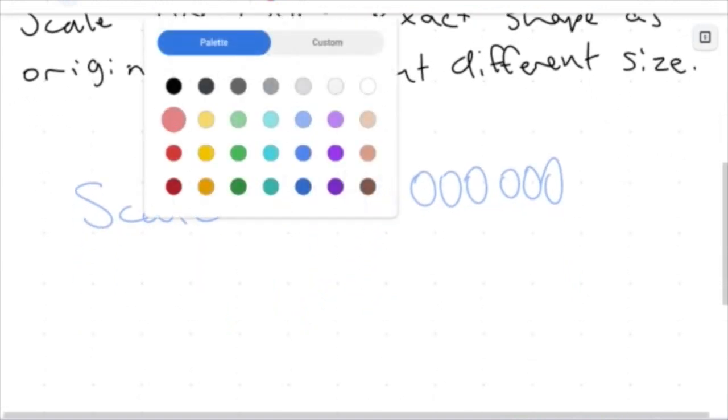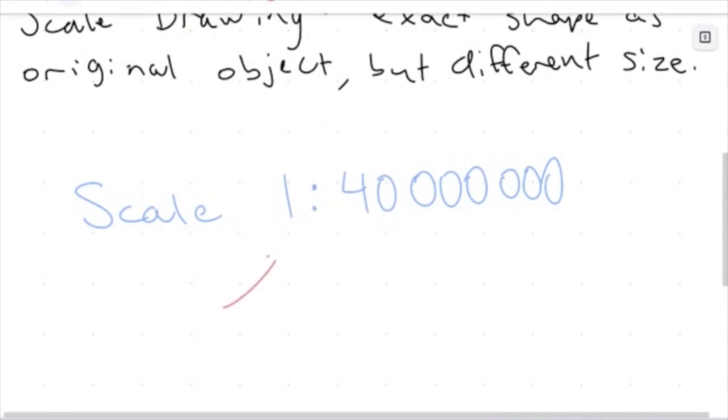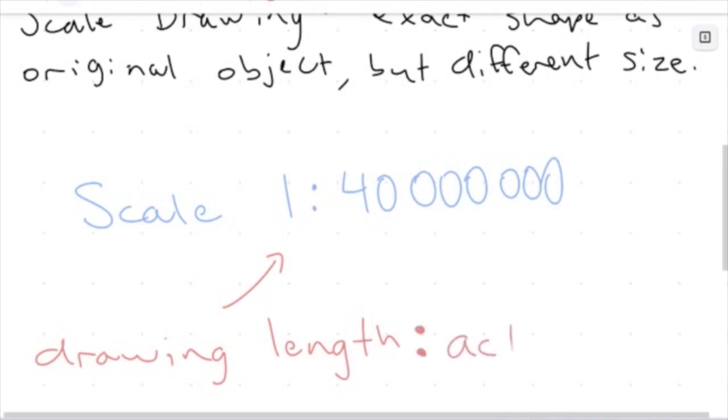All of our scale drawings and scale ratios are shown in this form. This is the drawing length, and that is expressed as a ratio with the actual length.